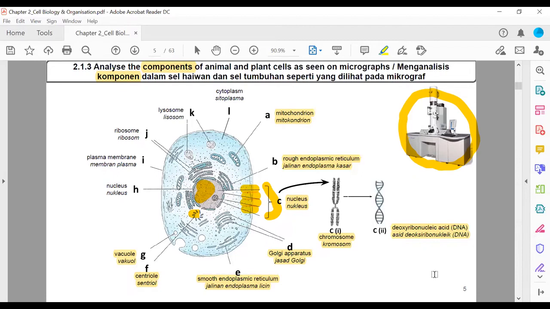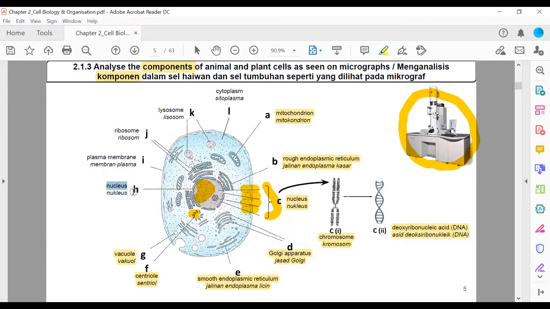Sel haiwan memang tak ada vacuole untuk setakat ini. Kita anggapkan bahawa animal cell memang tak ada vacuole, tapi sebenarnya ada. Tapi kecil, saiznya sangat-sangat kecil. Very small one. But dalam exam kita tuliskan bahawa animal cells don't have vacuole. Tidak mempunyai vacuole in exam. Alright?